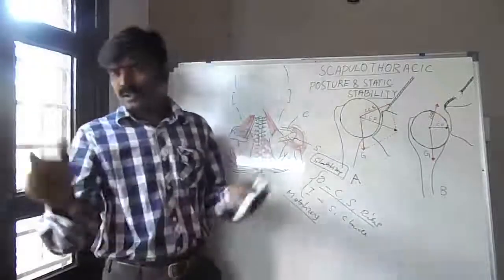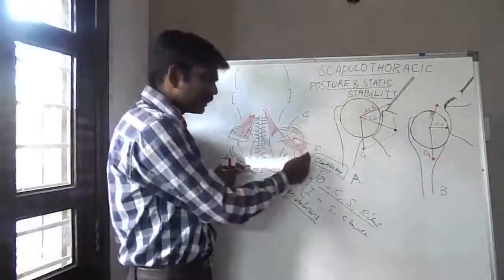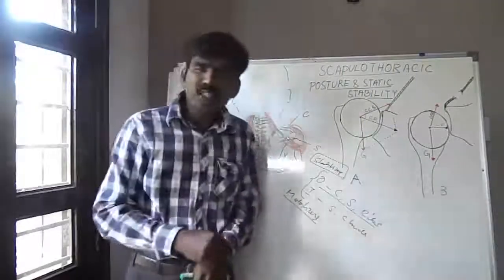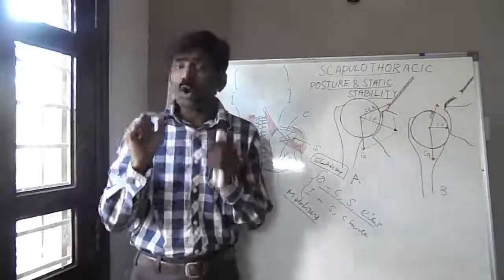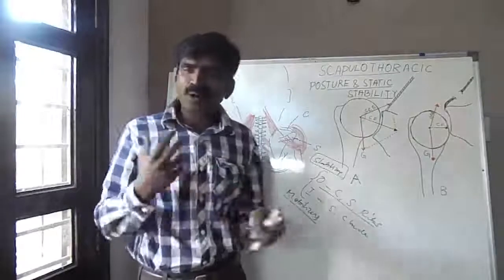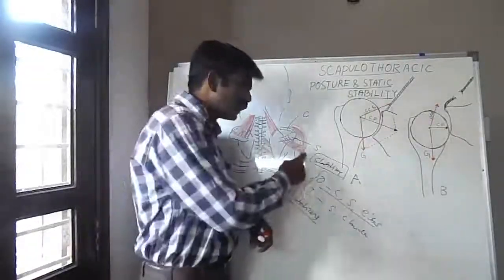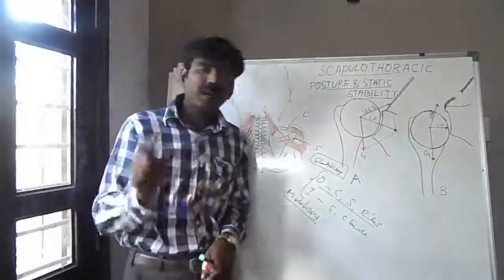Are you clear? The maximum torque cannot be produced by the deltoid muscle if the stabilizers are paralyzed.